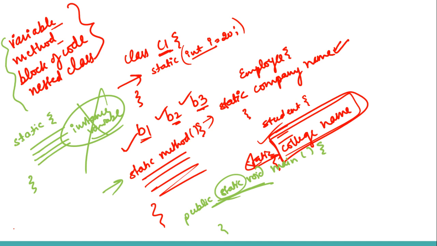Now moving on to the final nested class thing. So when we talk about a nested class, you have a primary class, let's say A, and inside this you have a class B, right? This is your simple structure of a nested class, also known as an inner class, right?